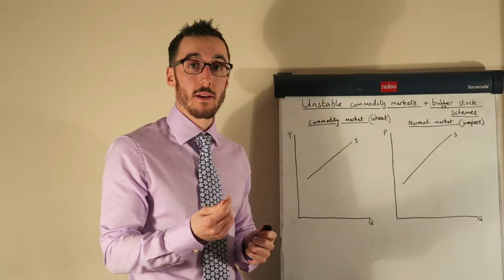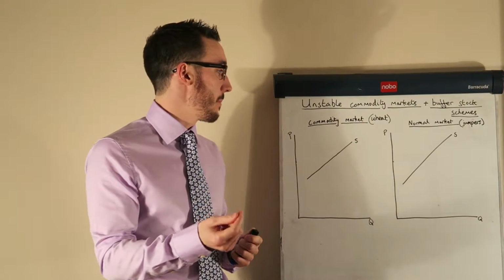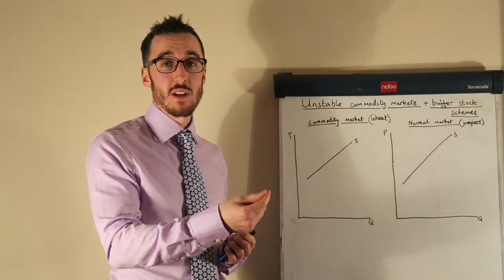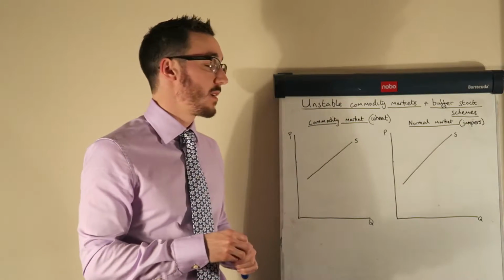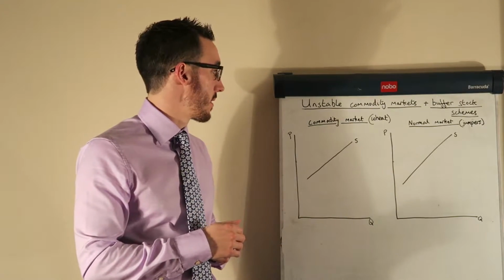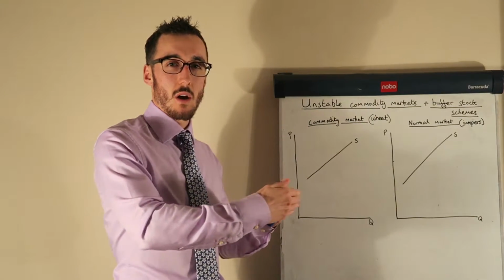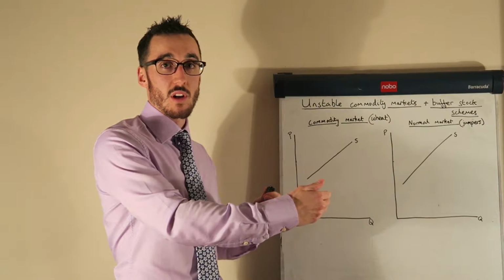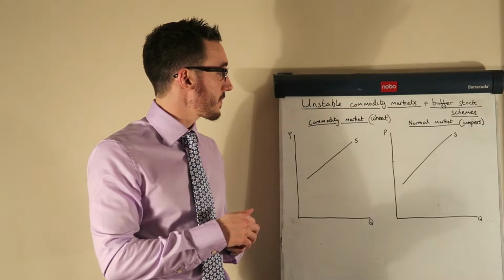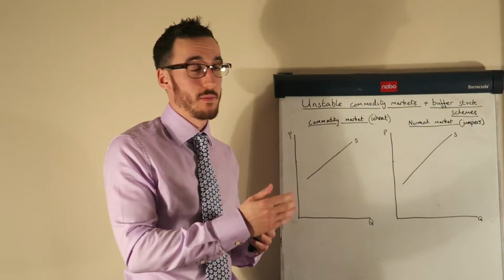So what do I mean by that? Inelastic demand, if you remember, means that if there was an increase in price of wheat, would I go out and still buy it? I probably would, yes. So that means that maybe a large increase in the price of wheat would only cause a small decrease in the quantity demanded.